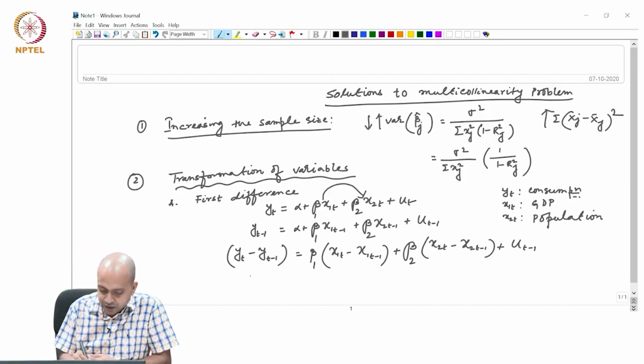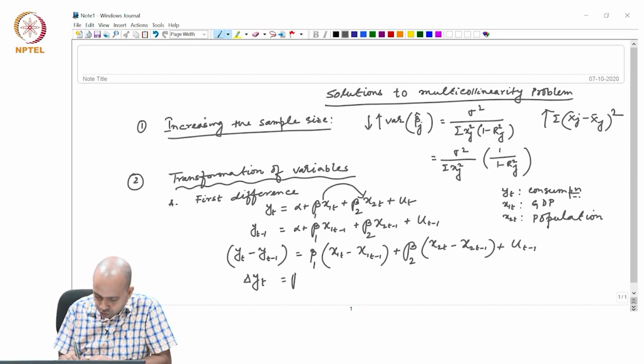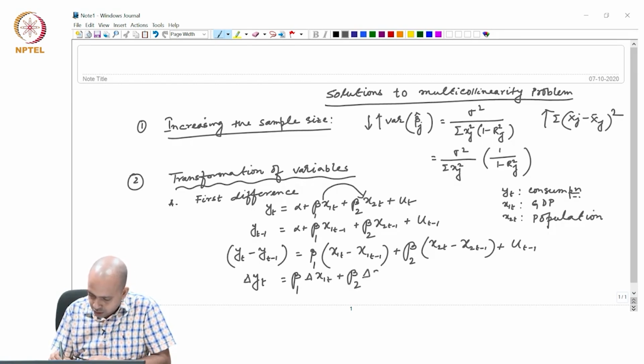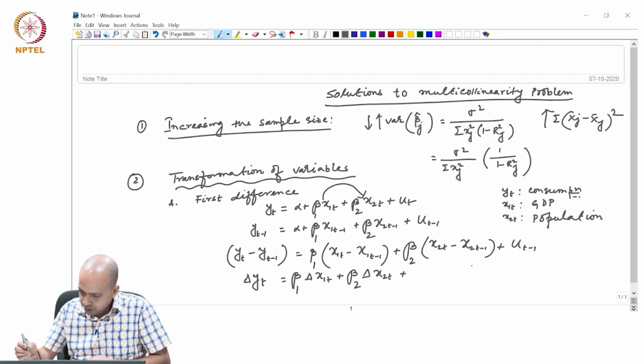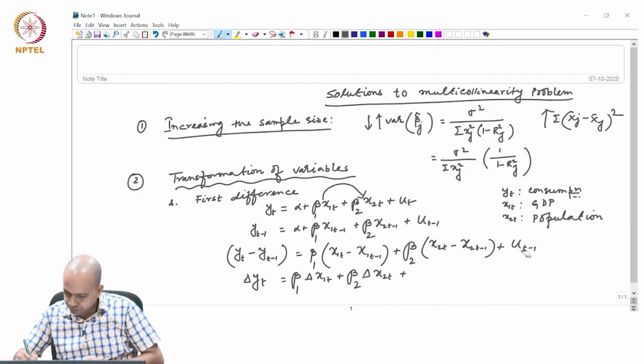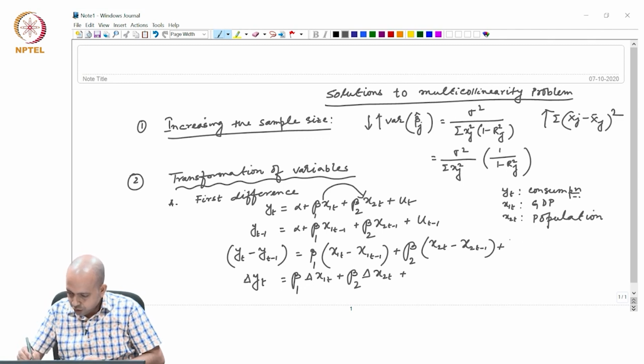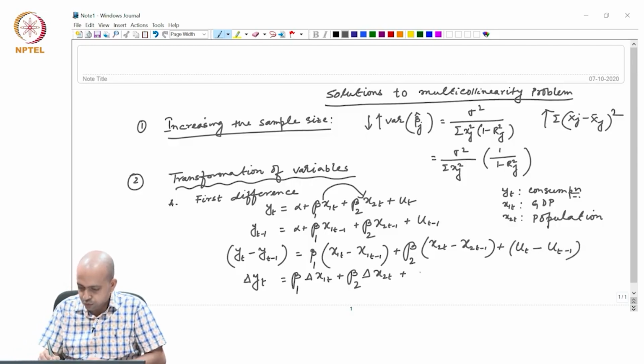So, let us say this is delta y t equals beta 1 delta x 1 t plus beta 2 delta x 2 t plus u t minus u t minus 1, that is, delta u t.